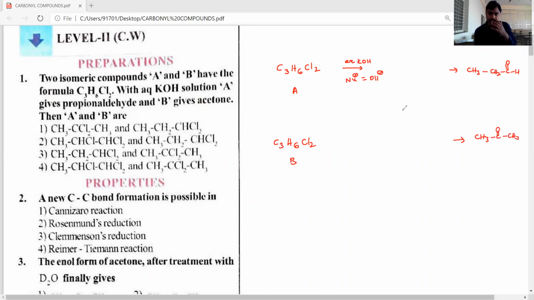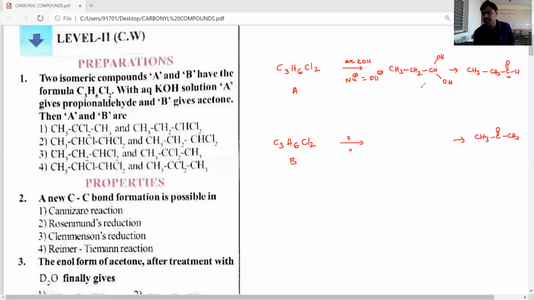What are A and B? They are asked. Now for this case, one intermediate will form. Here the aldehyde terminal CHO group is formed, meaning two OH groups at the terminal carbon, CH3CH2CH(OH)2.